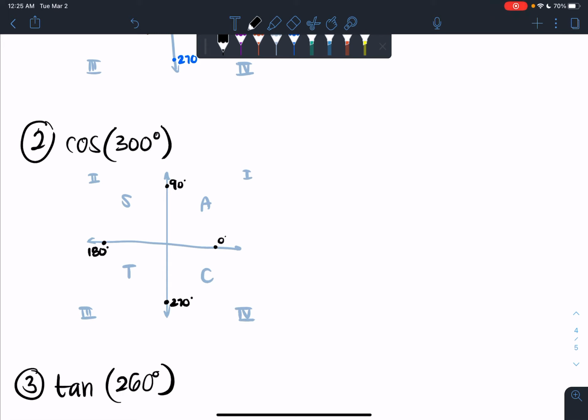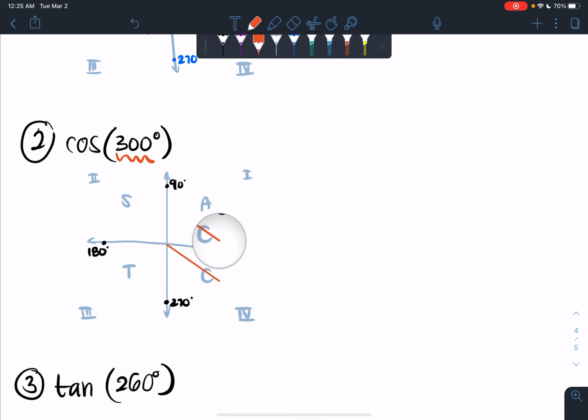So if we are to draw 300 degrees, also 0 degrees can also be 360 degrees here. So looking at 300 degrees, we already know that that would lie somewhere in quadrant 4, probably looking like this.